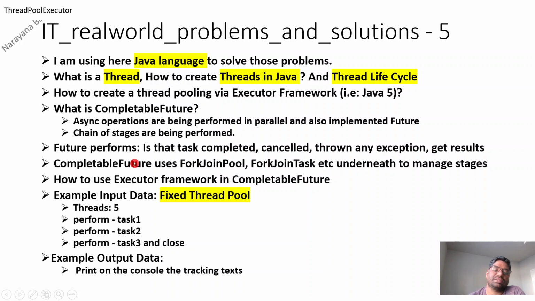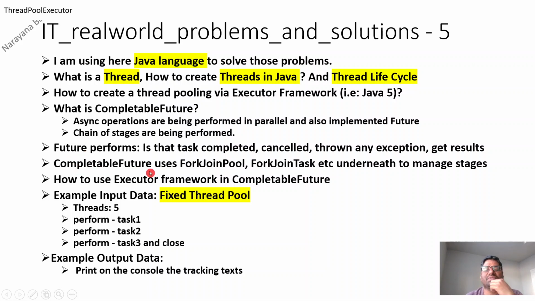So it uses a Future. This Future defines the following things: is the task completed, or cancelled, did it throw any exception, or get the results. This set of things is governed from the Future side.